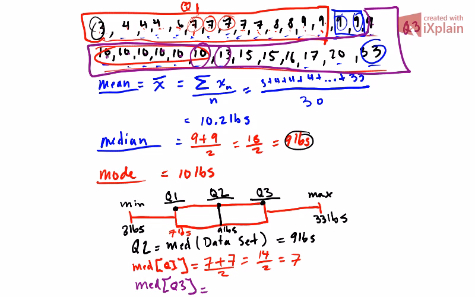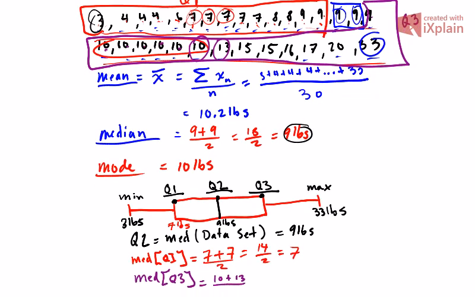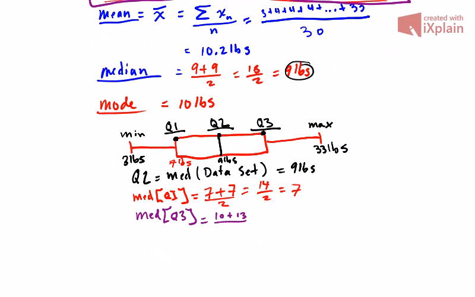So 10 plus 13 divided by 2. Okay, we'll scoot that up. And that's equal to 23 divided by 2. In this case, if you take 23 and divide that by 2, you're going to get a decimal, which will be 11.5. Okay? So right here, I've got 11.5 pounds.